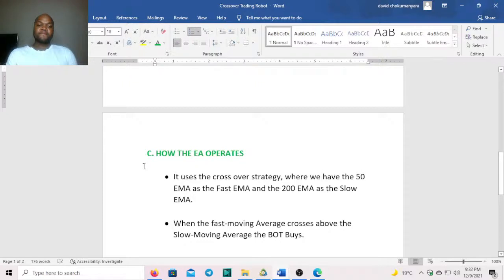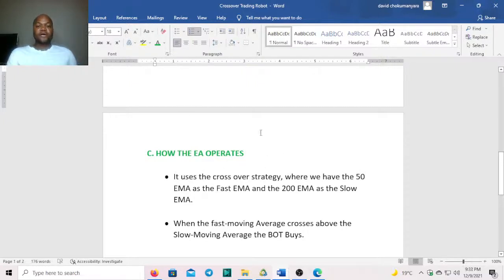Okay, so I'm going to explain how I came up with this trading robot, and maybe you can deduce how you can also come up with your own trading strategy. So I'll explain how the EA that I've designed operates. The strategy is like this.